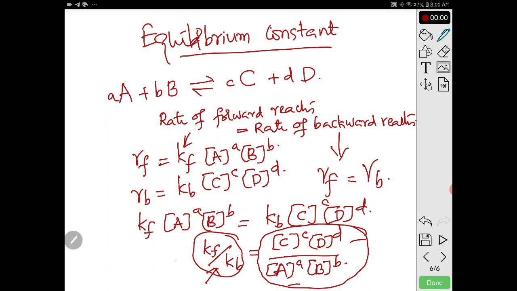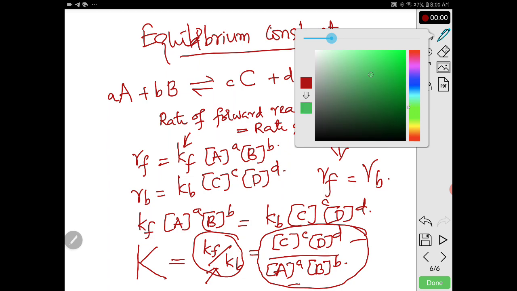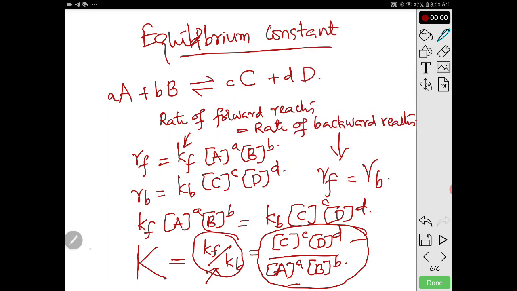This ratio is represented by a parameter, capital K, which we call the equilibrium constant, and this expression is what we call the equilibrium expression.